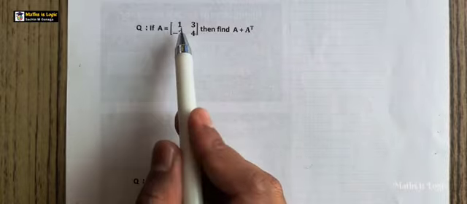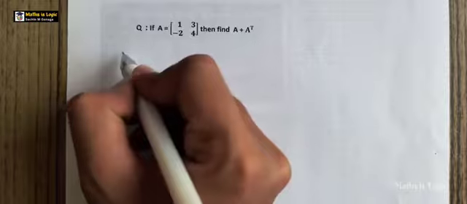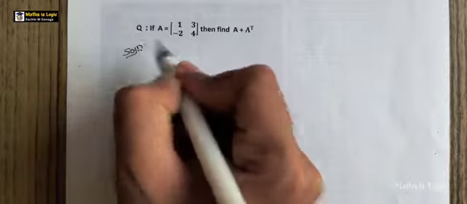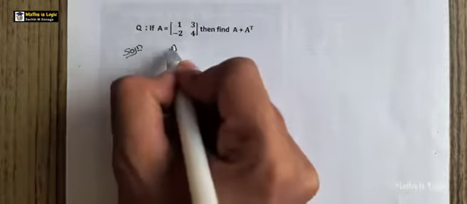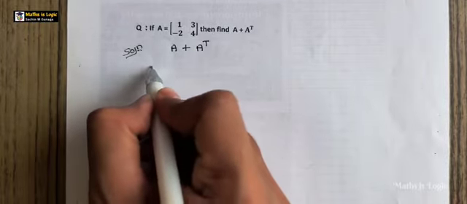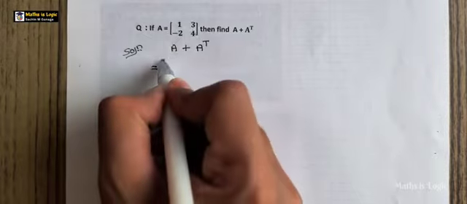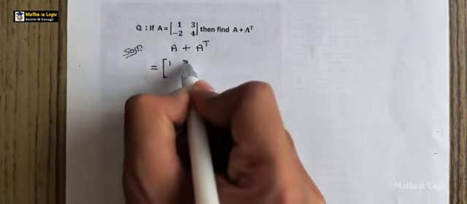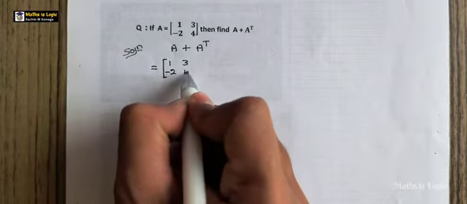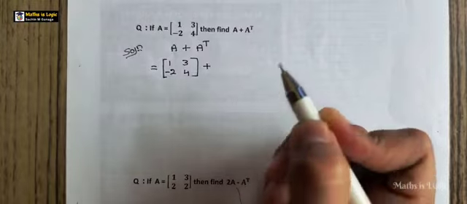Next, if A is equal to [1 3; -2 4], find A plus A transpose. So in the solution, note down this first. What we need to find? A plus A transpose, which is equal to, first the A matrix mentioned here, [1 3; -2 4], plus sign, keep that plus sign as it is.